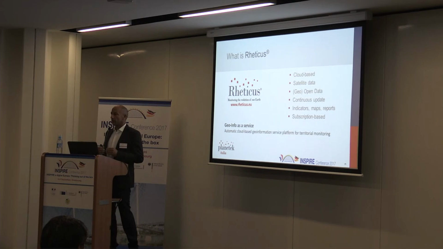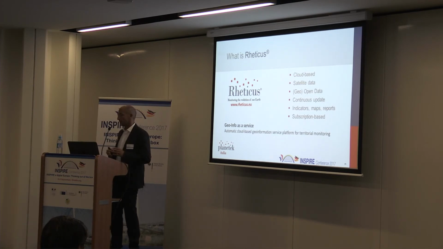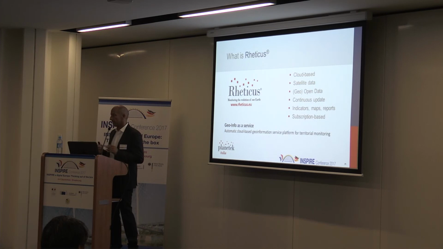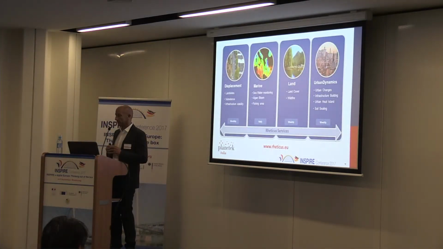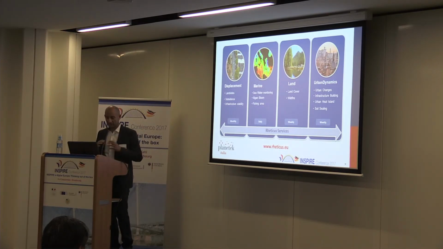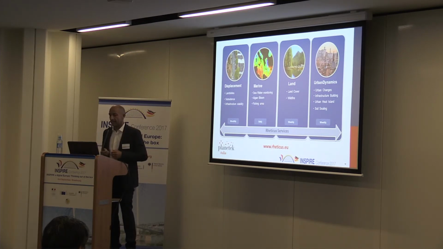Rheticus is a cloud-based platform, accessible by web, that provides geoanalytics as services to monitor the Earth's surface and other kinds of hazards, like displacement. That is a service that monitors landslides, subsidence, and infrastructure stability.